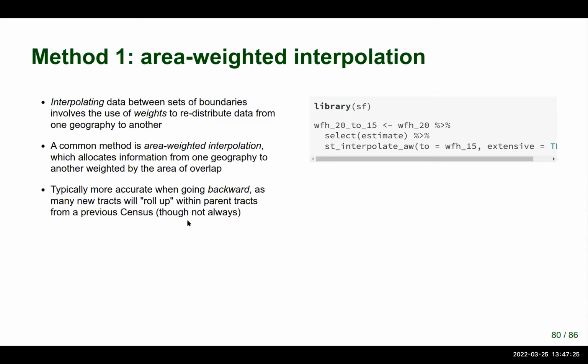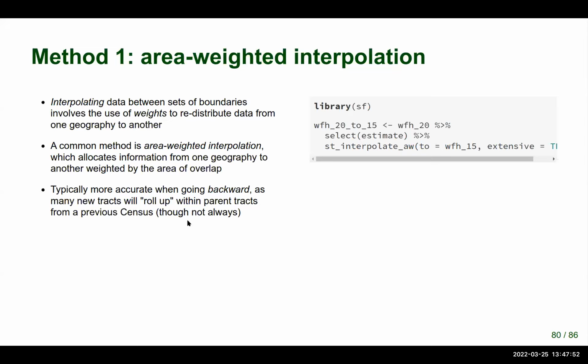Area-weighted interpolation is often used because it's conceptually fairly simple. Here's an example: a census tract with 20,000 people that is divided up into 5 census tracts. And so those census tracts each have an area.